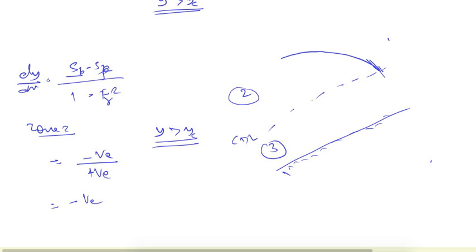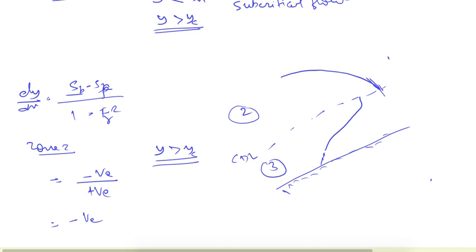And in zone 3 we know this will again be a rising profile and it will meet it normally. Here we cannot define it. So these are all the slopes.